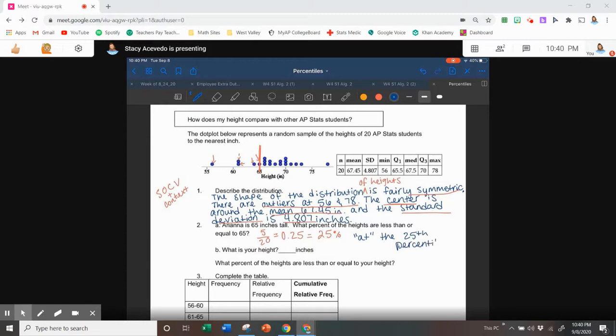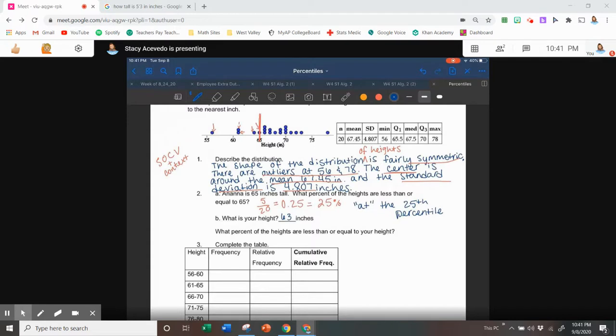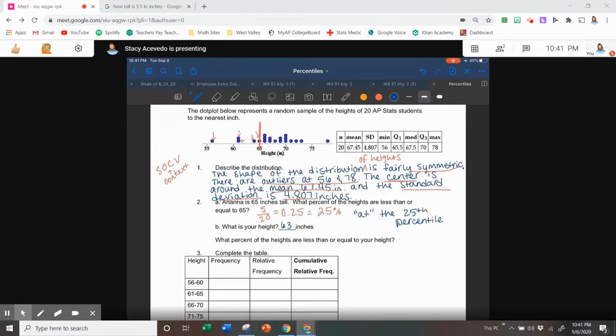So the percentile is the percent of the values that are below that data value. So what is your height in inches? Well, I am 63 inches. And if we look at our dot plot, I'm going to say that 63 is here.